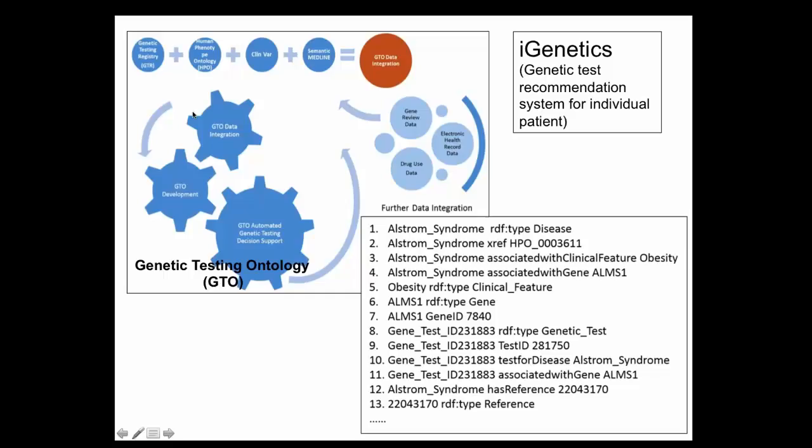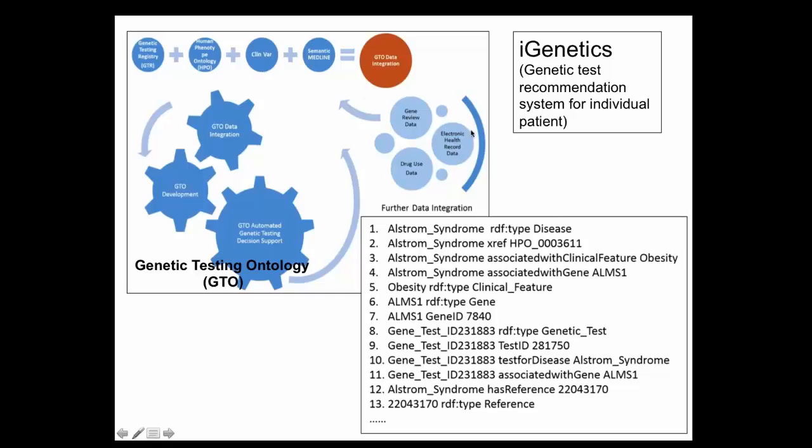The first version we created integrates the information for genetic tests, which we call the GTO, genetic testing ontology. In the first version we integrate the genetic testing registry data from the NIH, and also the human phenotype ontology, ClinVar, and the literature data extracted from Semantic MEDLINE.